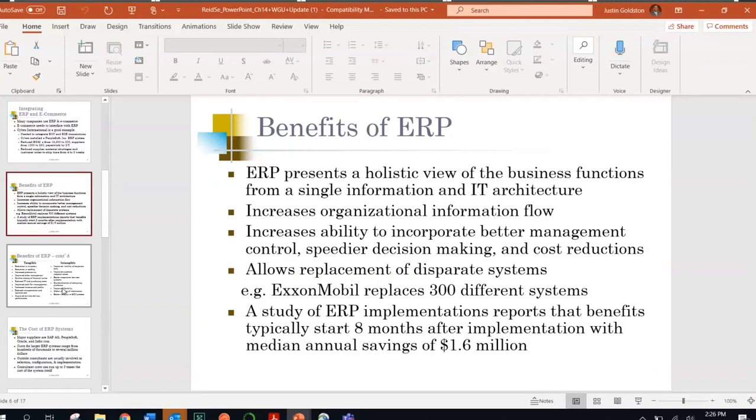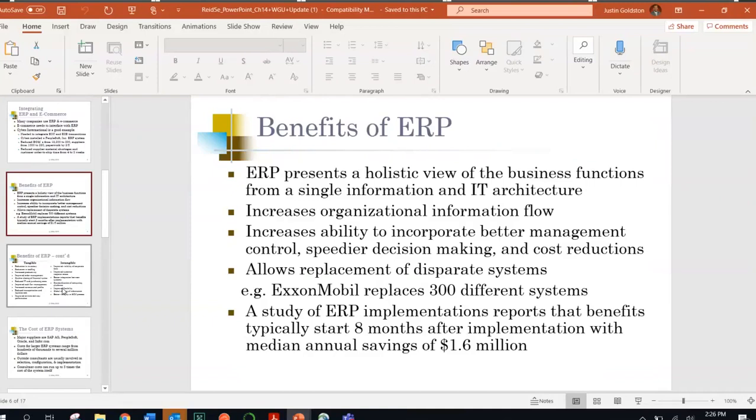The drawback to ERP applications is that it takes a very long time to implement these systems. On average, for a large organization, ExxonMobil for example, it would take multiple years to implement an ERP system, just because of Exxon's complexity and size.